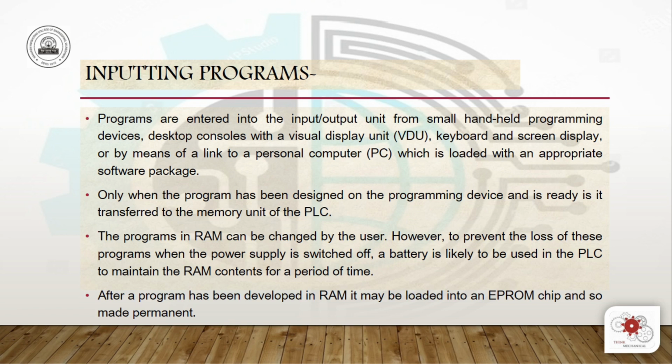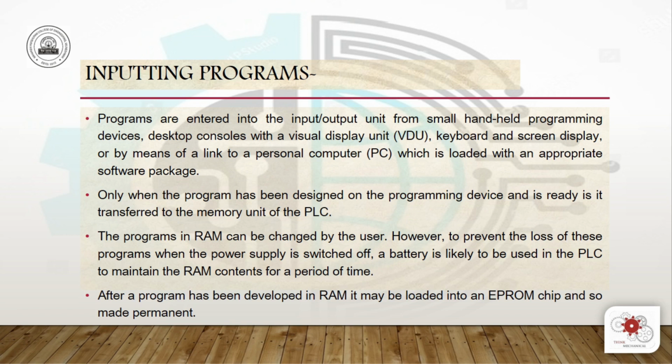For the display unit a monitor is there, and for the input unit a keyboard is there, which can be taken as an example of an input programming device loaded with an appropriate software package. So definitely for programming you need certain software.